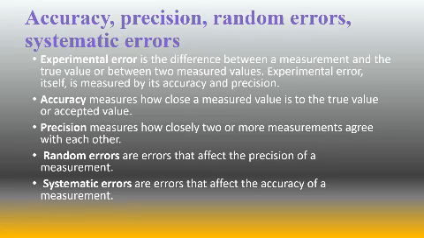Let's come to errors. Error may be defined as the difference between the reported value and the true value. So the expression for error is simply the reported value minus the true value. Error results from systematic errors and describes the lack of accuracy.